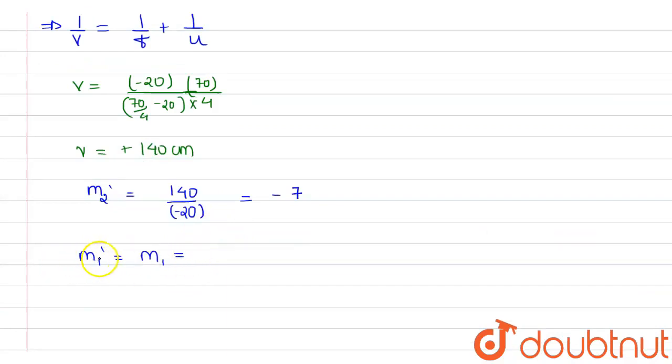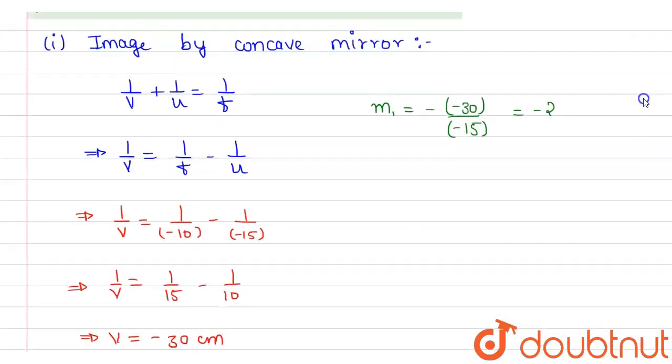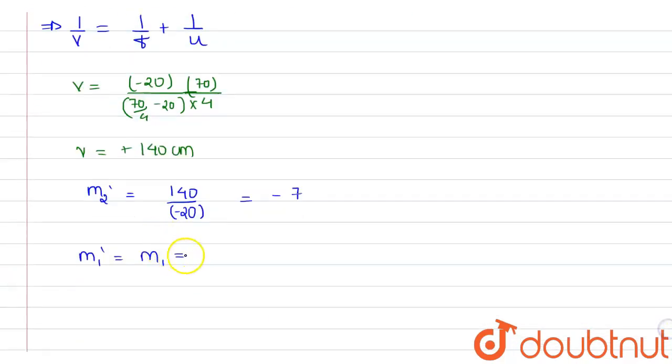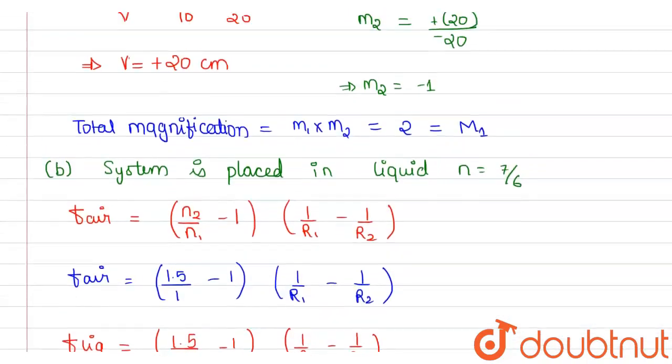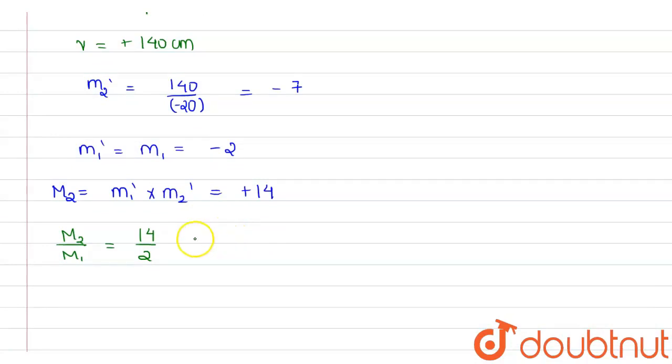So m1 is minus 2. Our m2 equals m1 dash into m2 dash, which will be plus 14. Now the ratio of m2 to m1 will be 14 divided by 2. Let me check m1 once again. Yes, it is 2. So its value will be 7, and this is our answer.